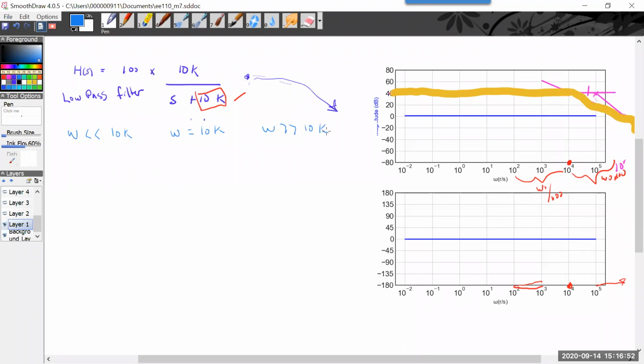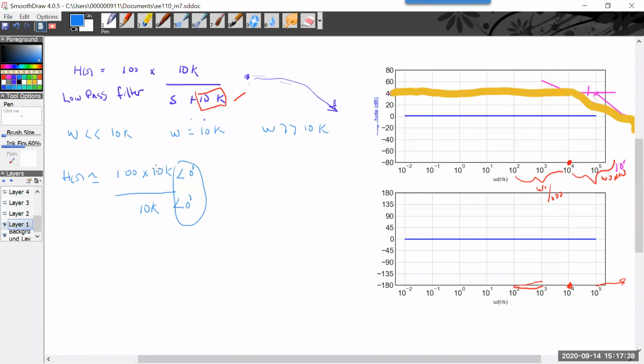Now the thing is, for the magnitudes, we only really care about the phase, not the magnitudes. But still, when omega is a lot less than 10K, H(s) becomes, right, which is really all we care about is the phase.